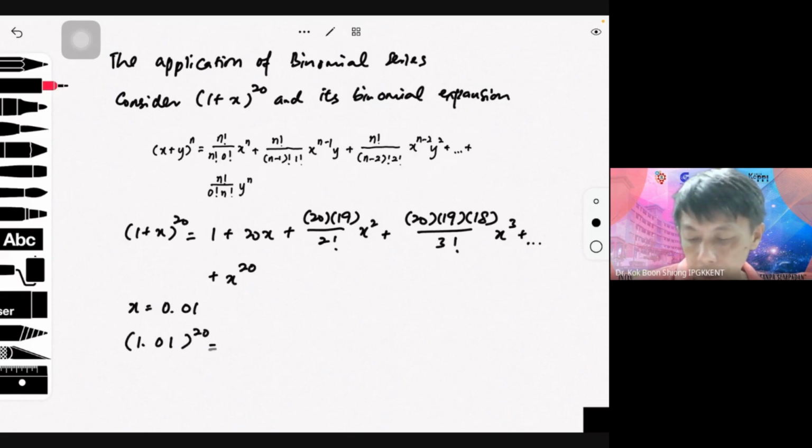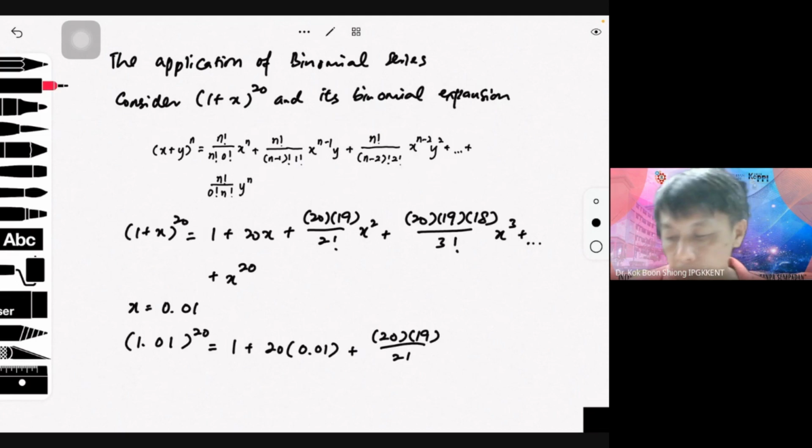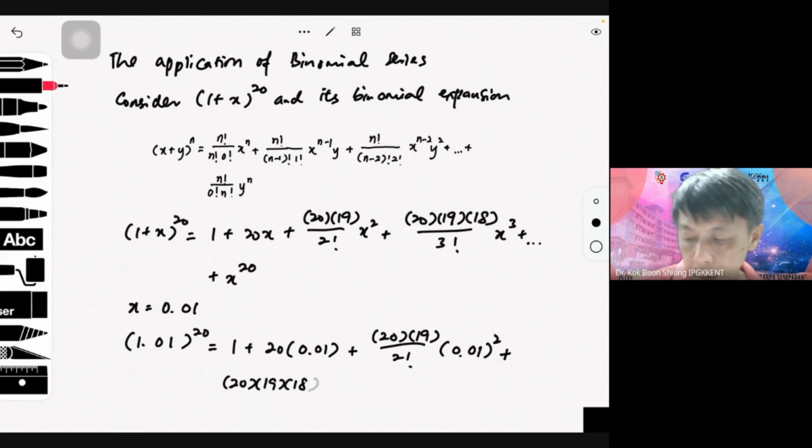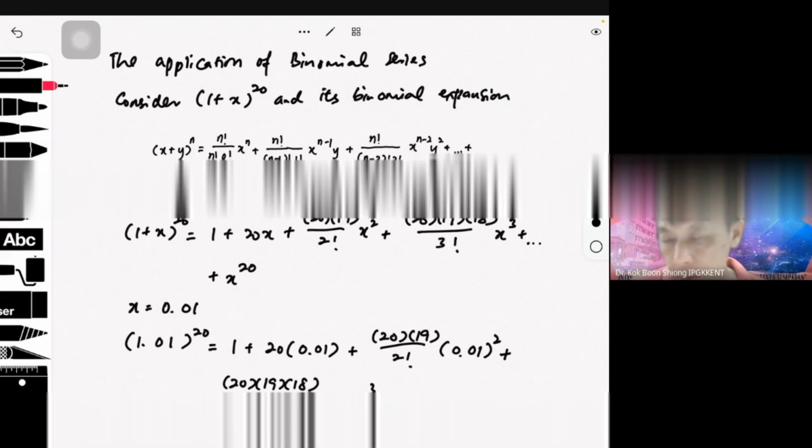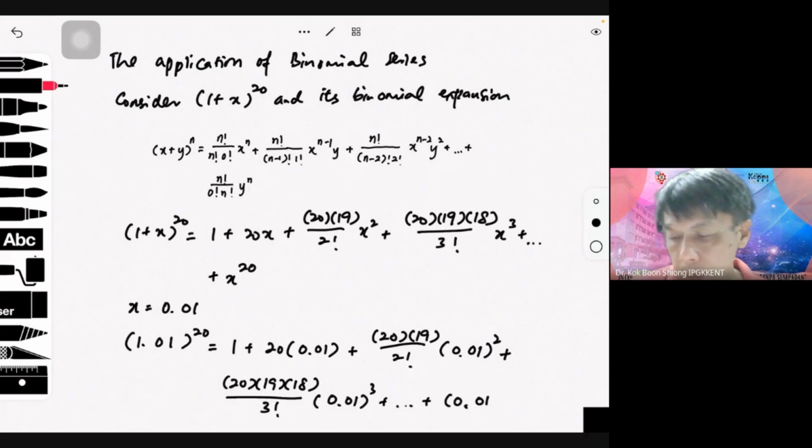So this will be equal to 1 plus 20 multiplied by 0.01, plus 20 times 19 over 2 factorial times 0.01 squared, plus 20 times 19 times 18 divided by 3 factorial times 0.01 cubed, then plus the last term, which is 0.01 to the power of 20.